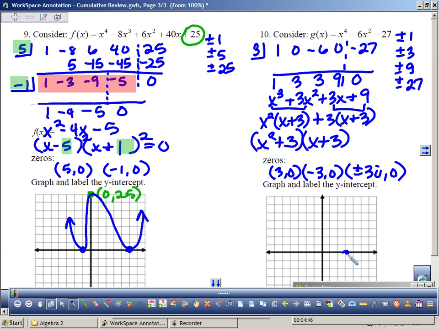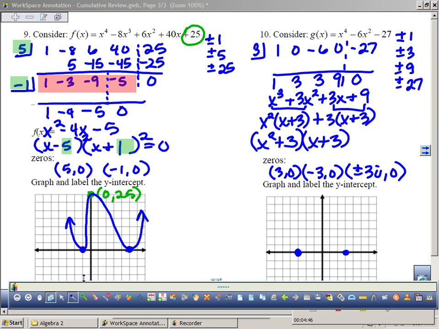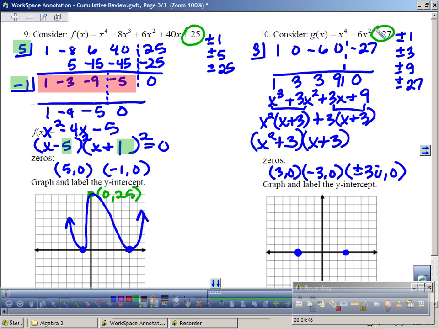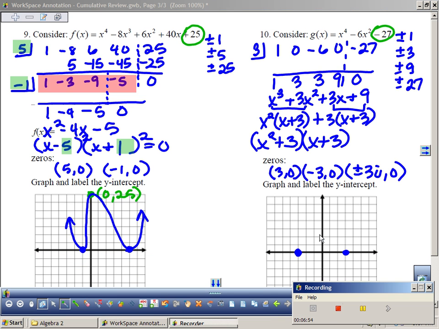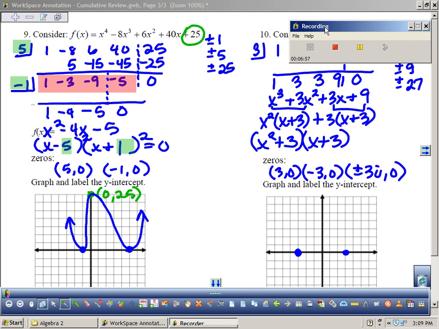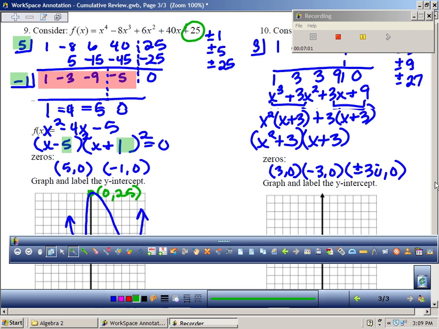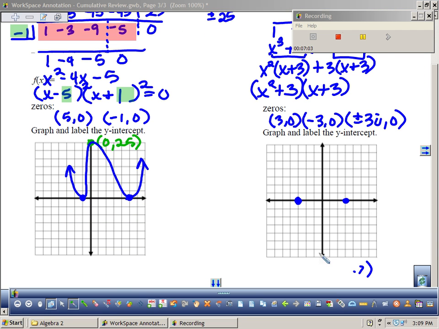So I'm going to go ahead and graph 3, negative 3. My y-intercept is negative 27. Right here. So I'm just going to go ahead and move that up there. There we go.